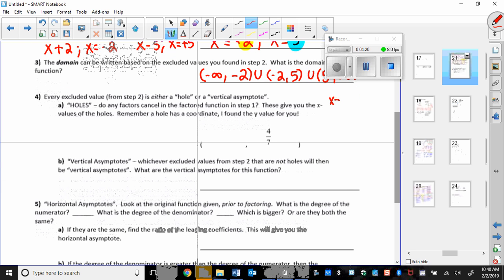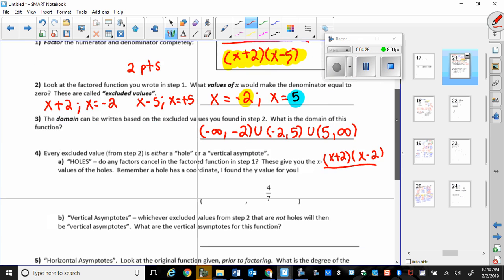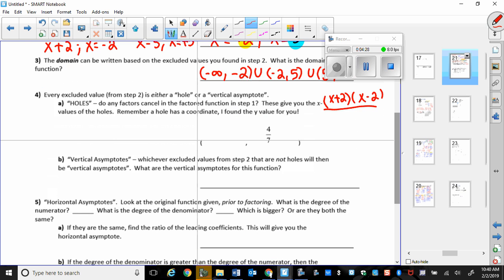So x plus 2 times x minus 2, divided by the quantity of x plus 2 times x minus 5. What cancels is this. So I'm using this canceled factor to figure out what x equals. x equals negative 2. So here, my x value is negative 2.